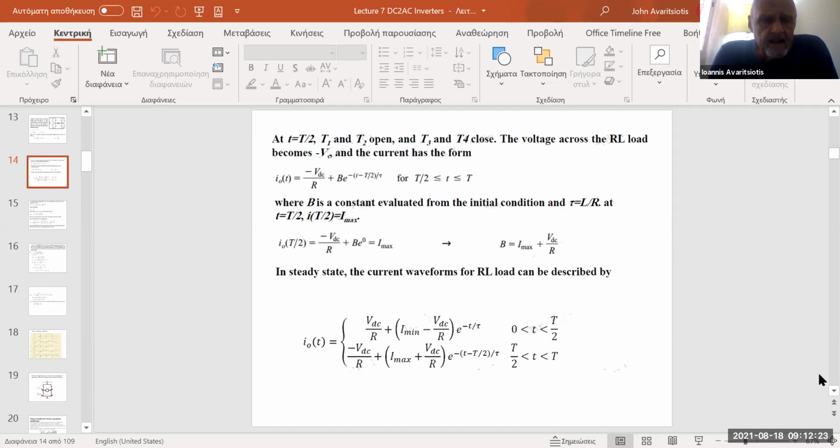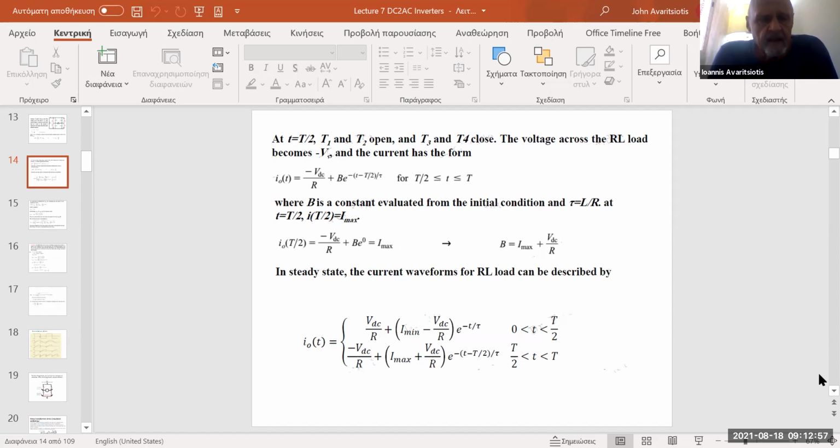And finally, in steady state, the current waveforms for the RL load can be expressed by this complex equation, as a function of how the current varies as a function of time at the first half of the period when switches T1 and T2 are closed, whereas switches T3 and T4 are open.